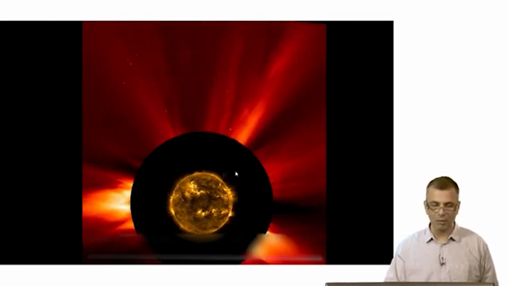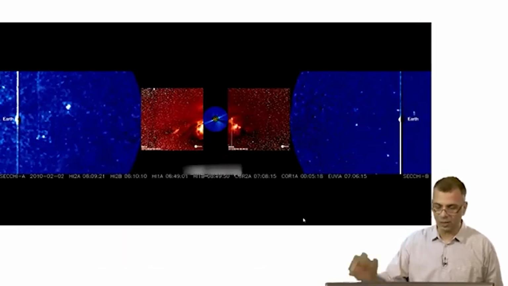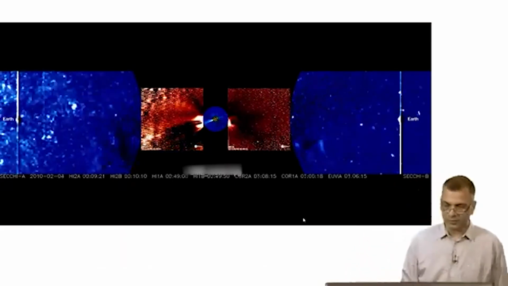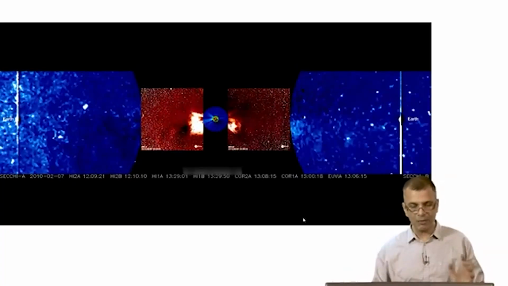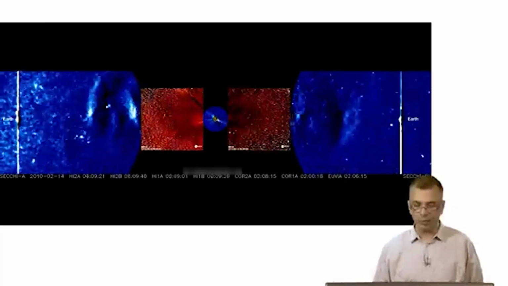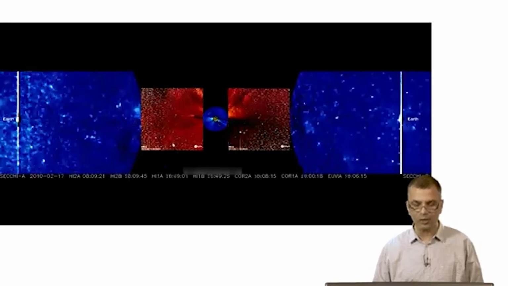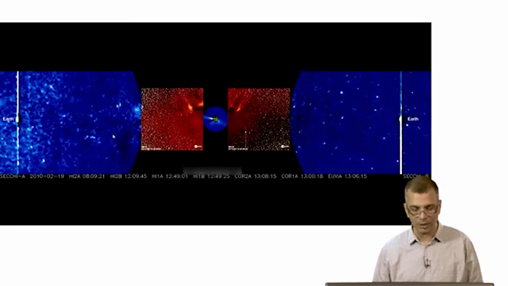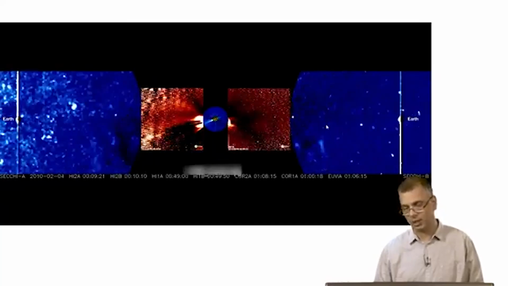Here is another truly spectacular movie of a coronal mass ejection. Now let me explain this a little bit. These are images from two spacecraft, one here and one here. One spacecraft is obtaining this image, and another spacecraft is obtaining the right pair, this image and this image.